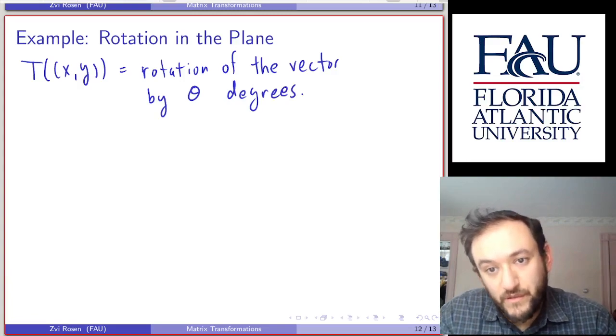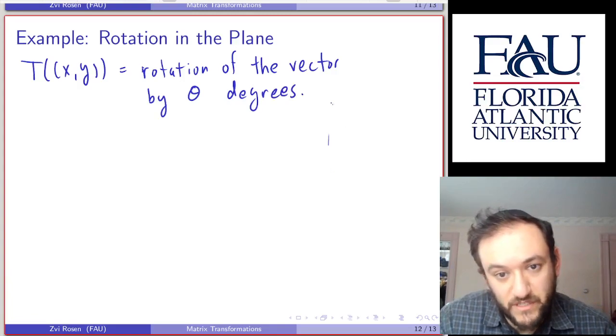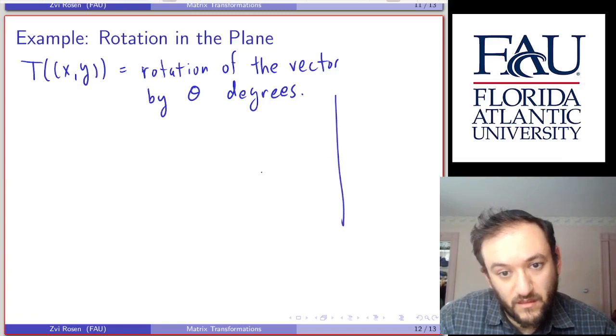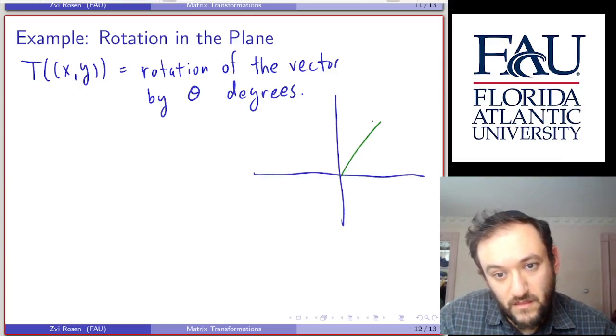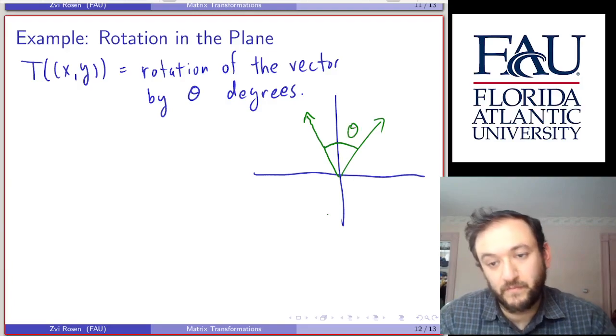Okay? So in particular, if we start with a vector that looks like this, we spin it around theta, and we get this. Okay?